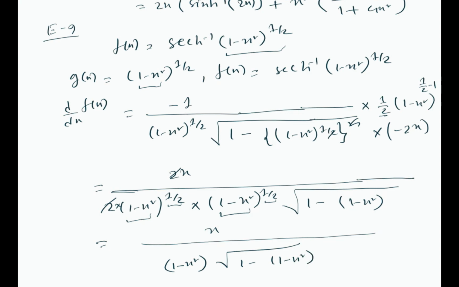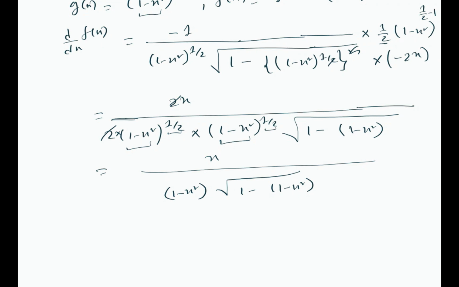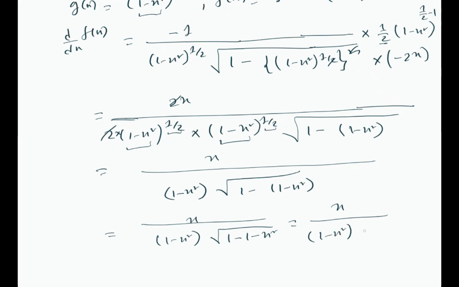So this is our, yeah, we can simplify it a little further, just one or two lines. So I can write x over 1 minus x squared, then I can write it, see, this 1 minus 1 minus x squared, so we can write x over 1 minus x squared, and this one gets cancelled.